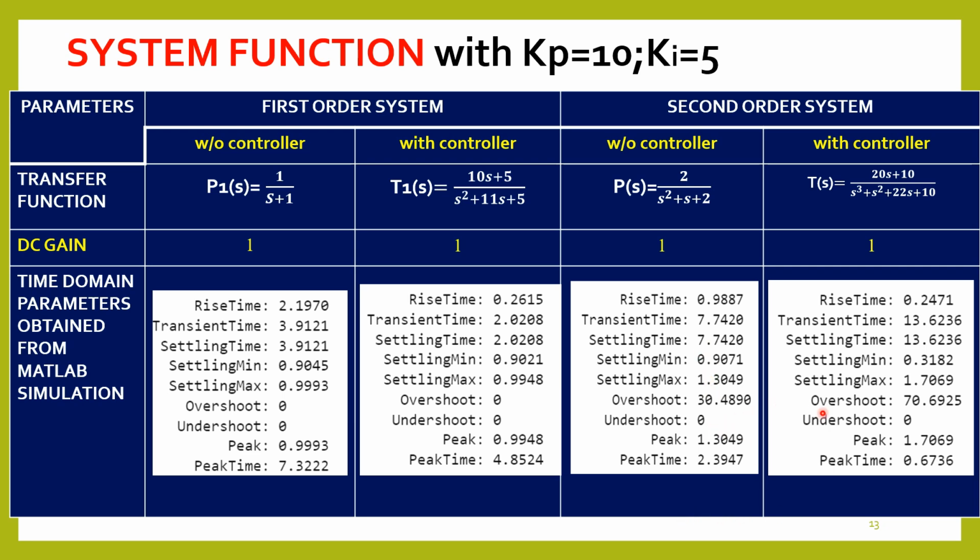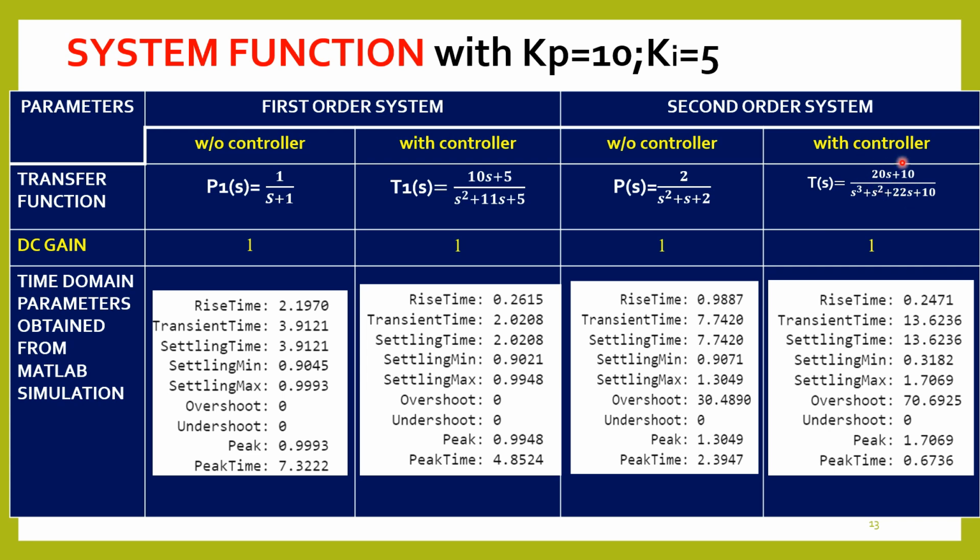Here you can observe my settling time is 7.74 without controller. My settling time has increased to 13.6. Why has it happened? I had given the consequences of the PI controller: when it is introduced, it may increase the number of poles, and hence it may make the system unstable. It means my zeros added more oscillations.